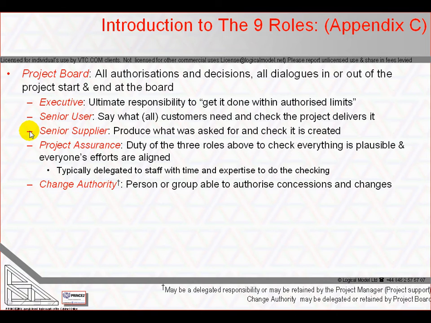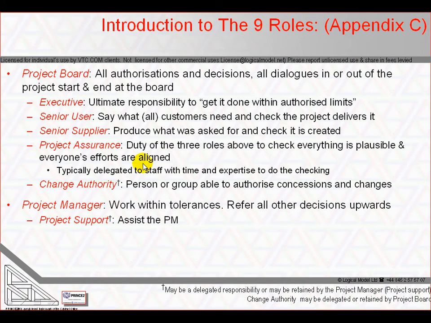The project board may also delegate some or all decisions regarding changes to a change authority, based on the scale, complexity, importance and risk of the project, project board members' expertise and available time. Typically, partial responsibility is delegated to a change board, for example for changes under some defined cost or time impact. A change board may comprise project assurance and/or the project manager.